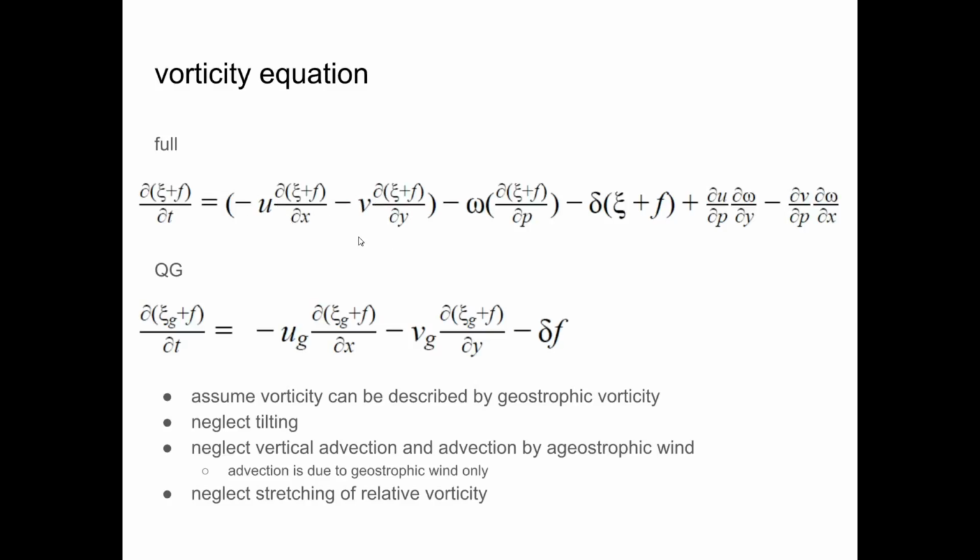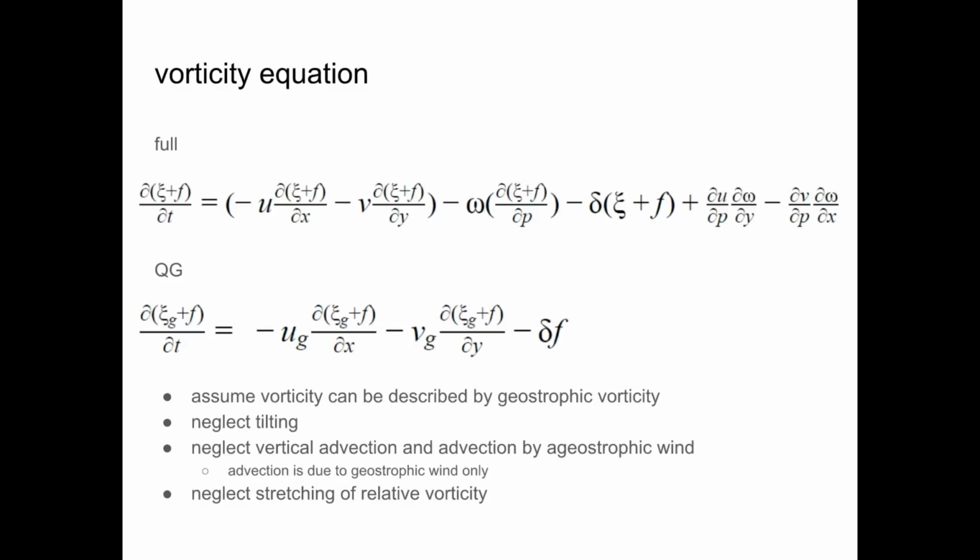This is how we think of advection. There's vertical advection, minus omega d by dp of zeta plus f. There's the stretching term. The delta is the horizontal divergence, and that's acting on the existing vorticity.